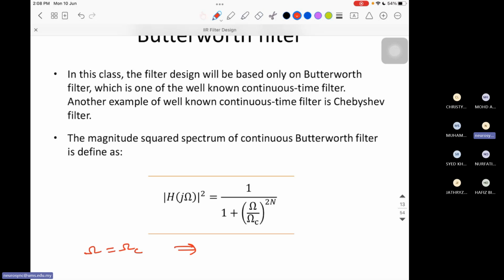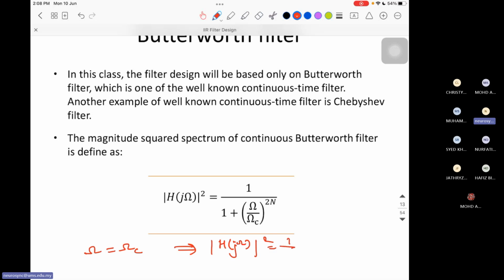So you will get the magnitude of H of j omega squared equal to 1 by 2. This is irrespective of n, correct? That is 1 by 2 for the square magnitude. If I write only the magnitude, it is H of j capital omega equal to 1 by root 2. This is irrespective of the value of n.